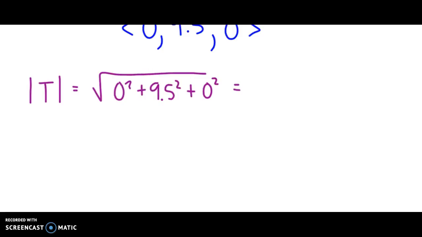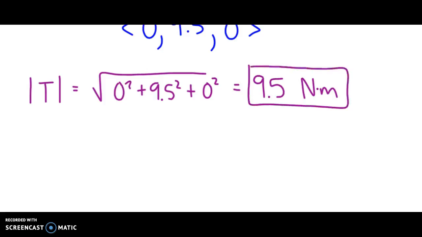And when I did that, it obviously comes up with 9.5 Newton meters for our torque. Then the next thing is direction. The nice thing is that our direction ends up being parallel to the y-axis. So you can just leave it as 0 degrees on the y-axis.